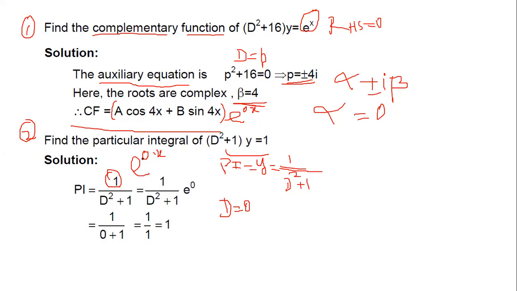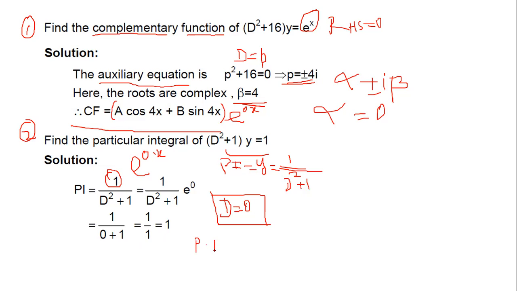That is in the format of e power mx. If it is e power mx, what is the change in the denominator? You have to substitute D equal to m. But that m equal to 0 here. Therefore, you have to substitute D equal to 0 in the denominator. Otherwise, the numerator is a constant, and only a constant will appear in the denominator also. So that value is 1. That is the particular integral.